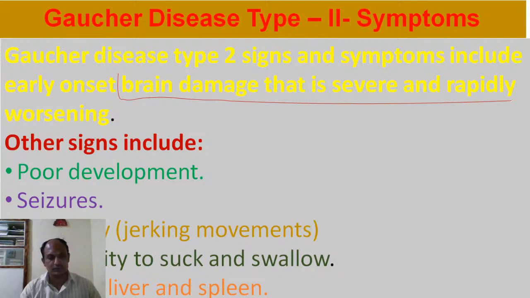The other symptoms or signs include poor development, then scissoring, then spasticity, that is nothing but jerking movements, then poor ability to suck and swallow, and also enlargement of the liver as well as spleen. That is, we can see the occurrence of hepatomegaly and splenomegaly. So these are the symptoms of Gaucher disease type 2.